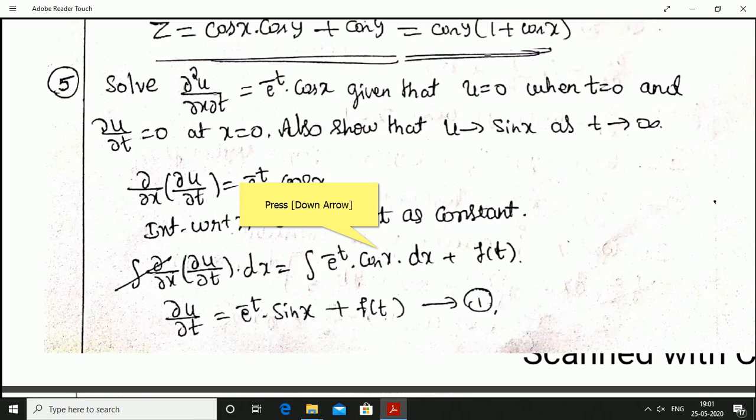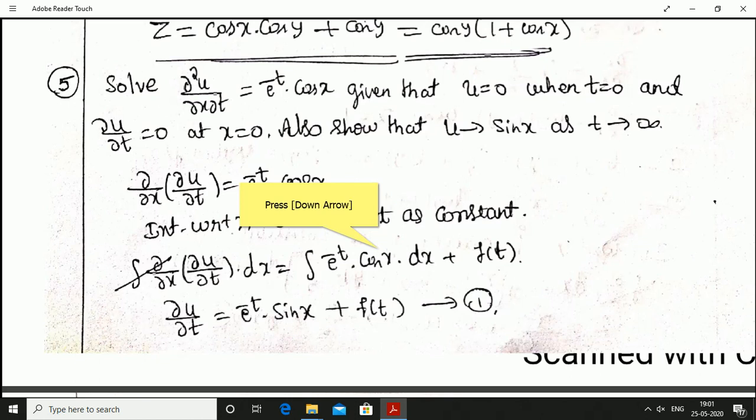So, rewrite the given equation as del by del x of del u by del t equal to e power minus t into cos x. That is the given equation. Now, integrate that. We need to remove del by del x. Hence, integrate that with respect to x, treating t as constant. Here integral and differential get cancelled.